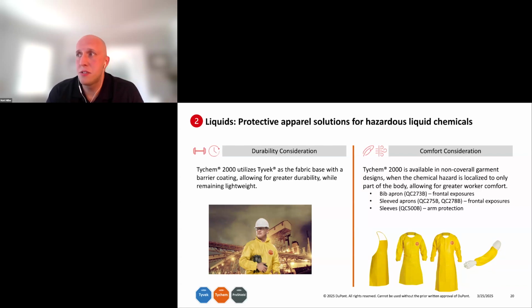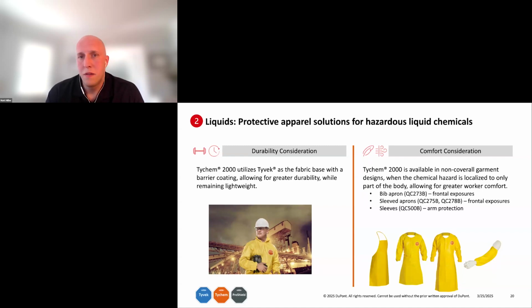The comfort consideration is key. So we do make this garment in some different styles. The reason for that is, depending on the environment, they may only need an apron, whether it's a standard apron or a sleeved apron, or even just sleeves by themselves. So it's not always, hey, if you just have arm exposure, you don't need to put them in a full-on coverall, right?